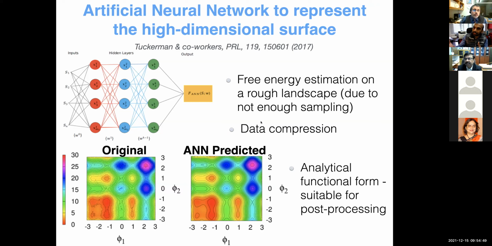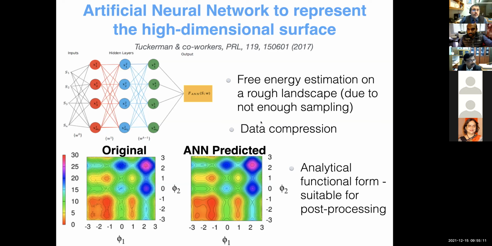And you also need an analytical expression so that you can compress this whole data. Otherwise, storing this whole thing on a grid is practically impossible, right? Because it requires a lot of data. So what we do is we have a coarse grid on the free energy surface, like, let's say 6 by 6 by 6 by 6 by 6 by 6, like that.